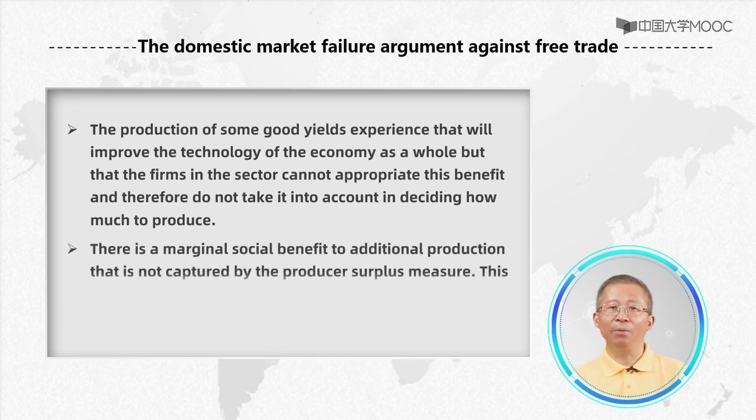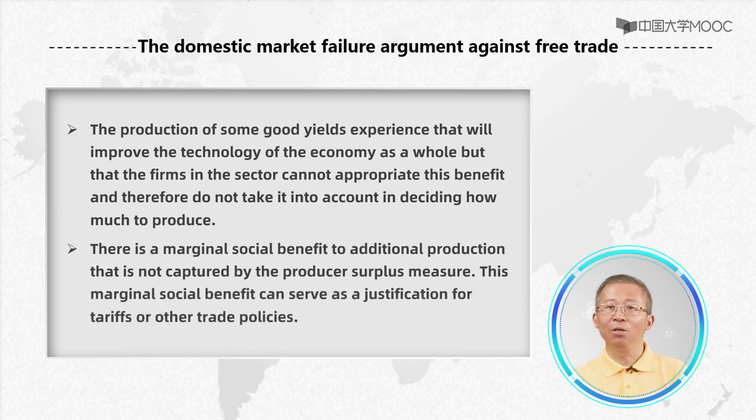Then there is a marginal social benefit to additional production that is not captured by the producer surplus measure. This marginal social benefit can serve as a justification for tariffs or other trade policies.